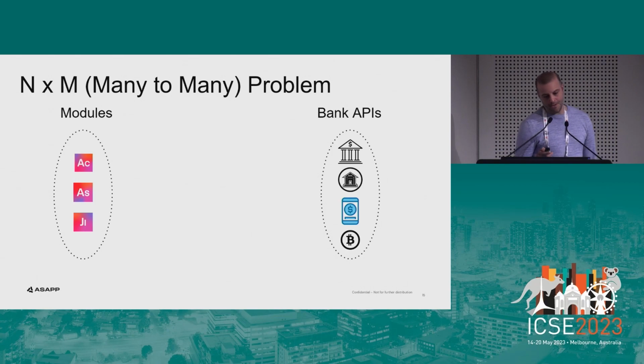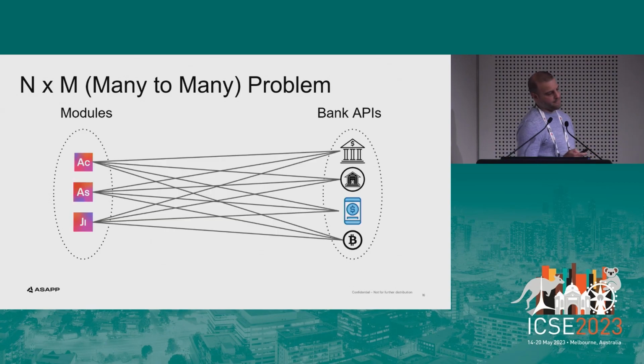On the other hand, each module needs to consume data from every different customer. So assuming, for instance, we have these services providing value for different banks, what we end up having is an n·m kind of problem, where n represents the number of internal modules consuming data, and m represents the existing universe of web APIs.